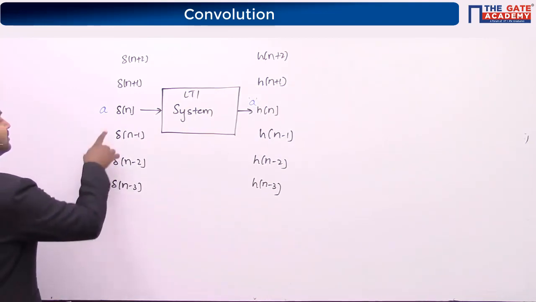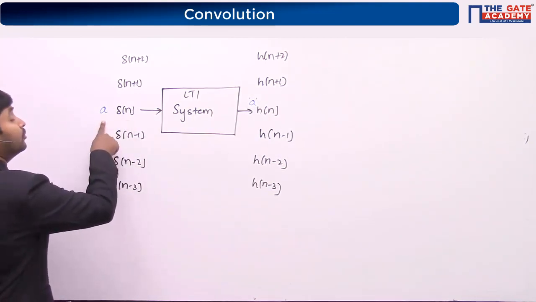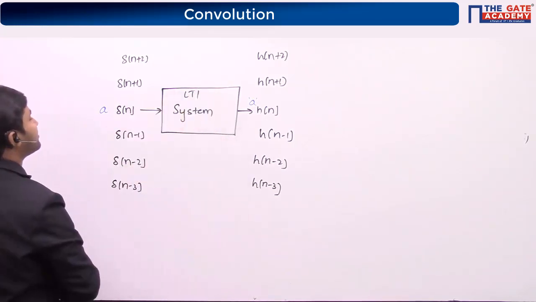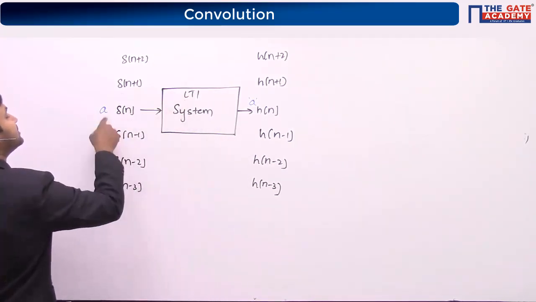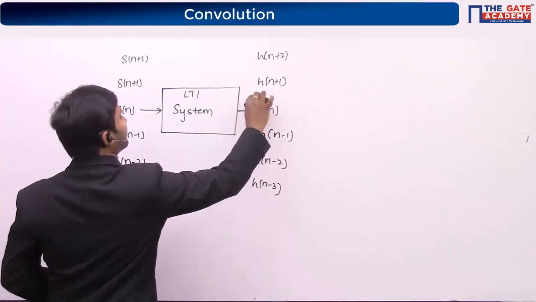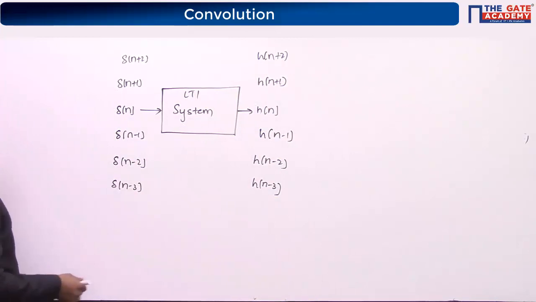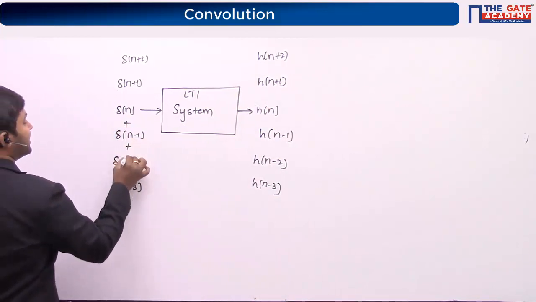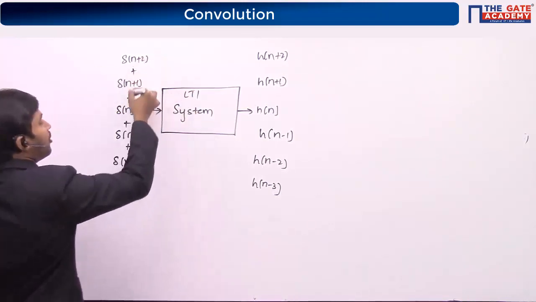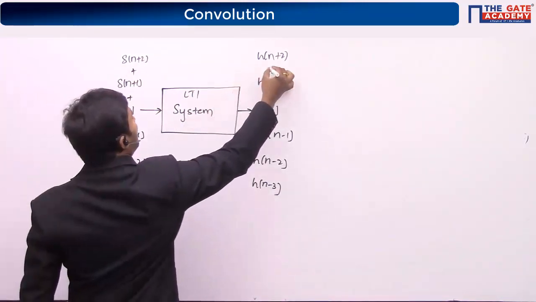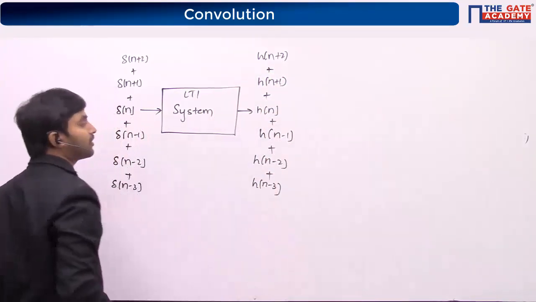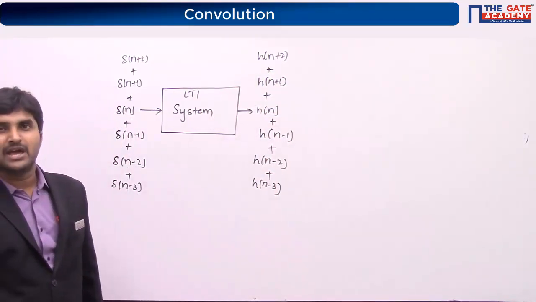It is nothing but the scaling property or homogeneity property, which says that if I keep A here, here also there will be A. And because our system is linear, this should happen. And because of the additivity property in linearity, if I add all the inputs, even the outputs will be added together.